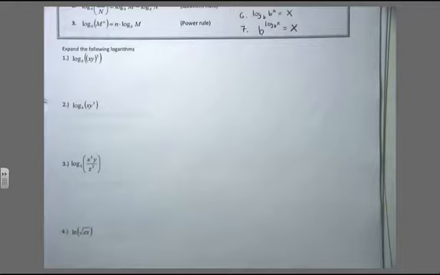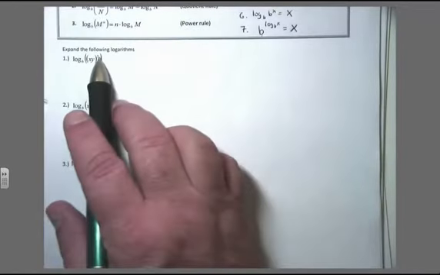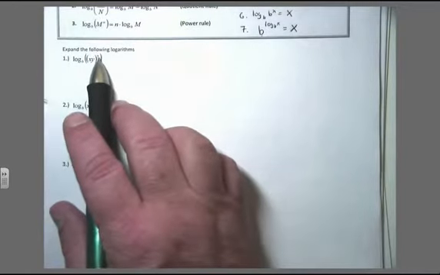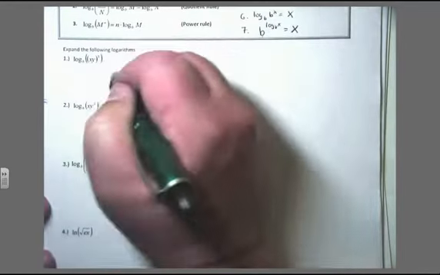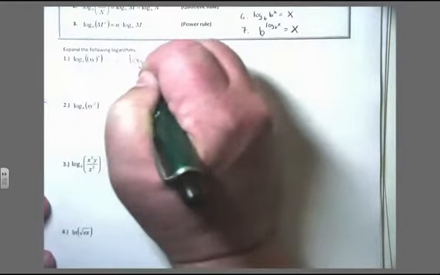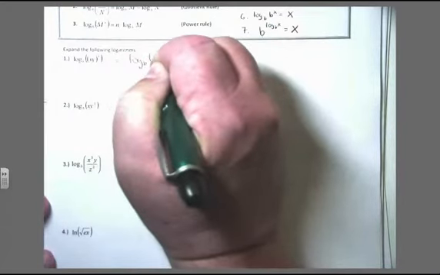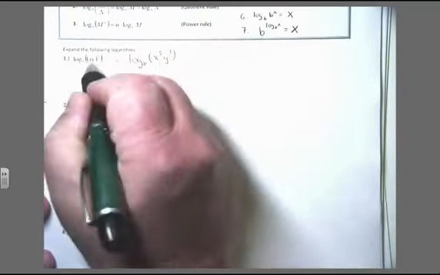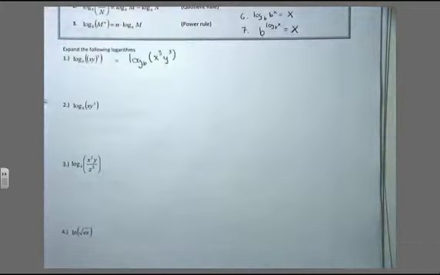Order of operations, if I'm cleaning up logs, is I'm going to do order of operations first. If I have x times y to the 3rd power, under strict multiplication and division, I get to distribute powers. So this would be equal to the log base b of x cubed times y cubed. Only with multiplication and division can I distribute powers.